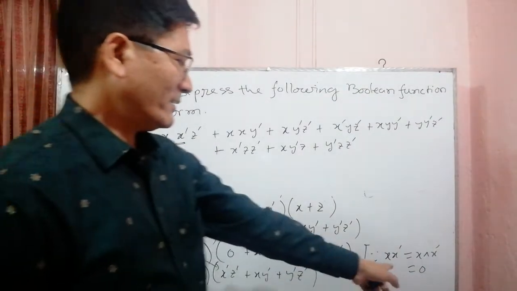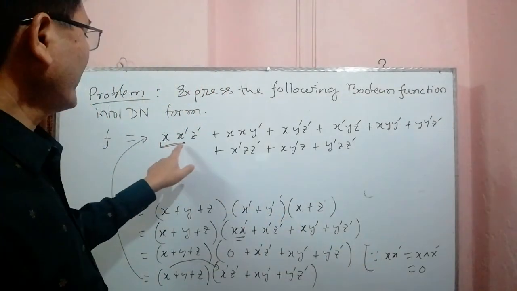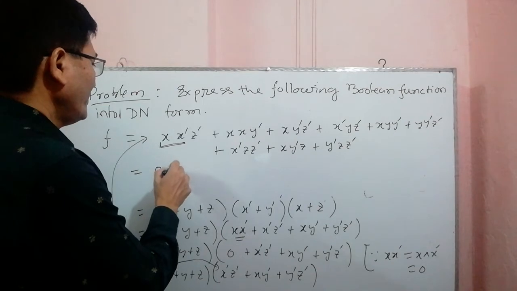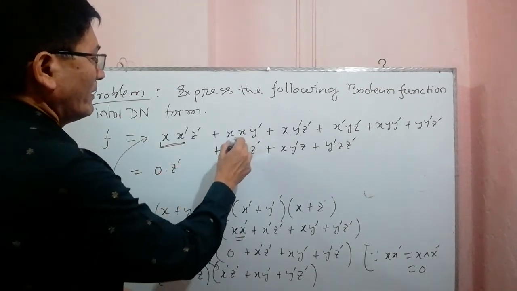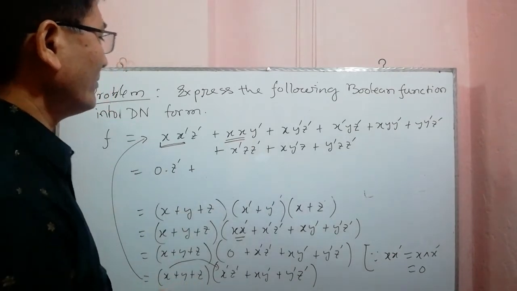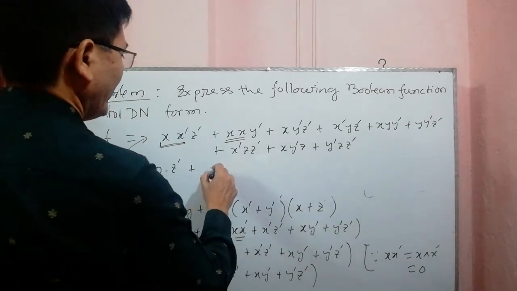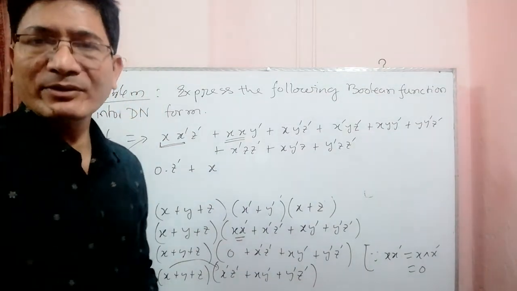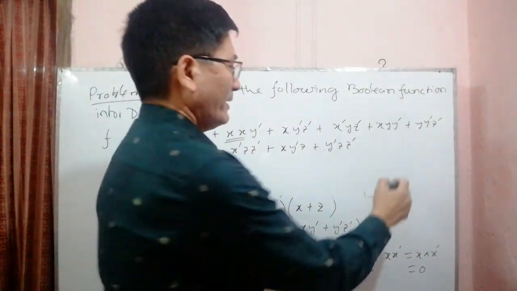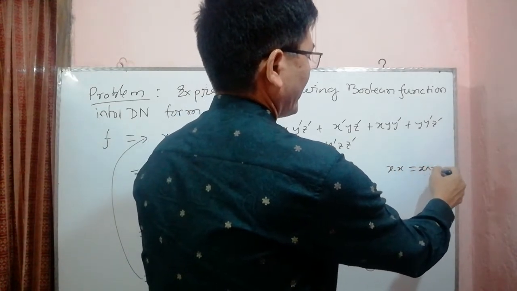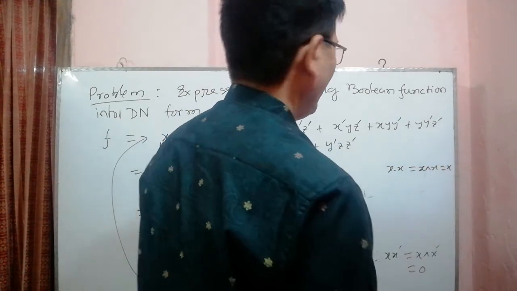You know the reference: x and x prime will produce 0, so that 0 into z prime, double terms of single variables. So from here we will get x only. You know the idempotent rule. Idempotent rule means x into x is x only.